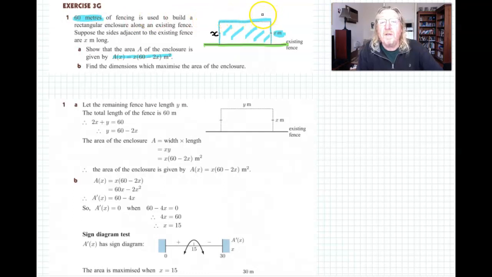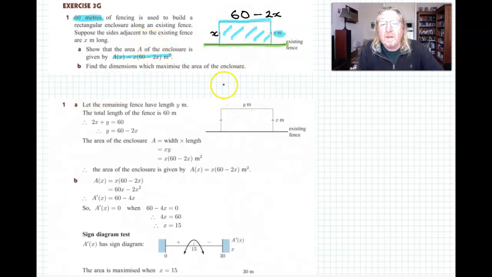Well, it leaves 60 minus what we've used, which is X plus X. So it's 60 minus 2X, because we've used up 2X metres. Now we know the area of a rectangle is length times width, so it should be X times that 60 minus 2X.